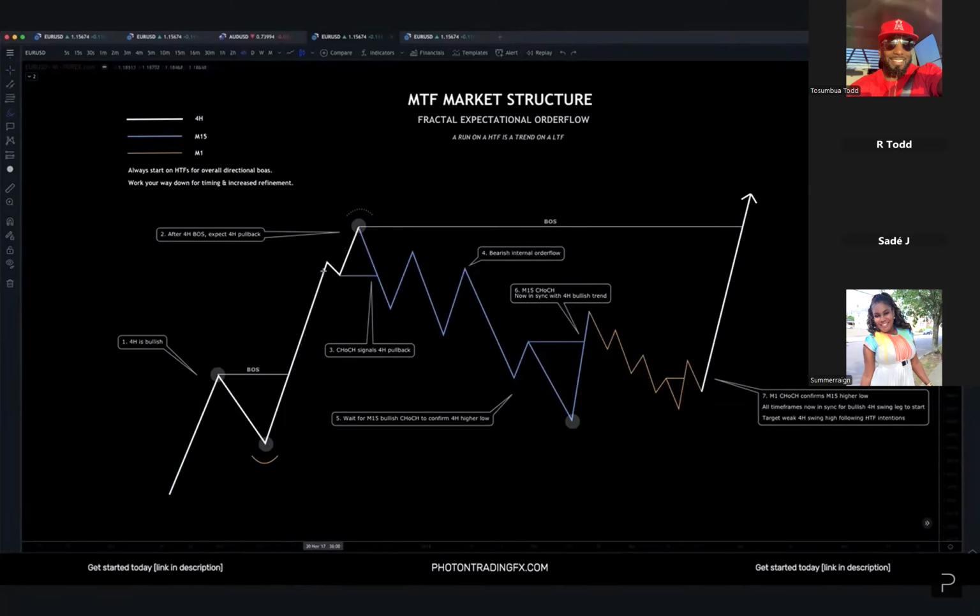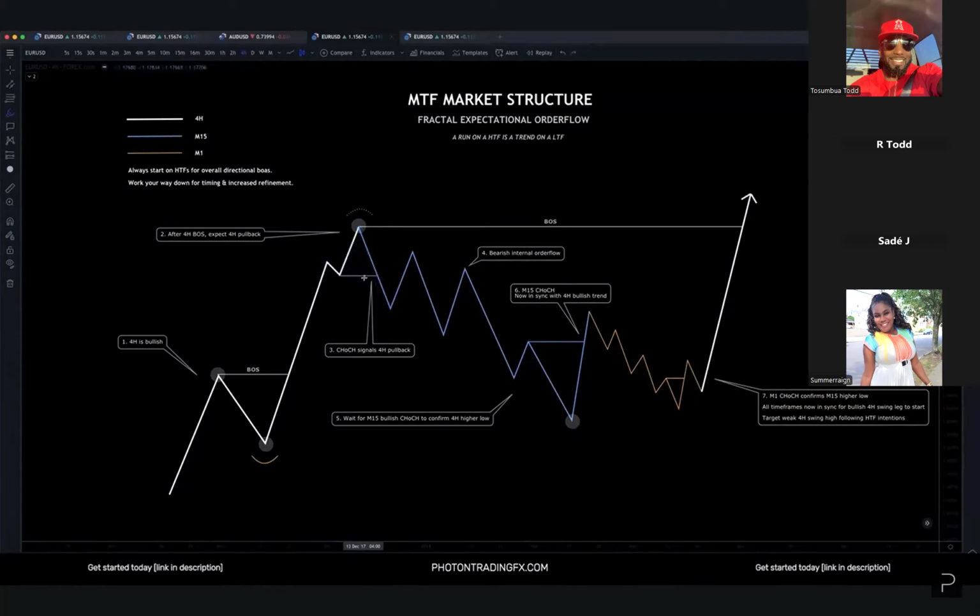So that minor pullback here on the 4-hour chart, that minor low, not always, but most likely when you drop down onto, say, the M15, will actually be a swing low on the M15, right? This would be a swing low on the M15. So when we get that 4-hour change of character and we drop down to M15, you will most likely see the M15 have a bearish break of swing structure to the downside.